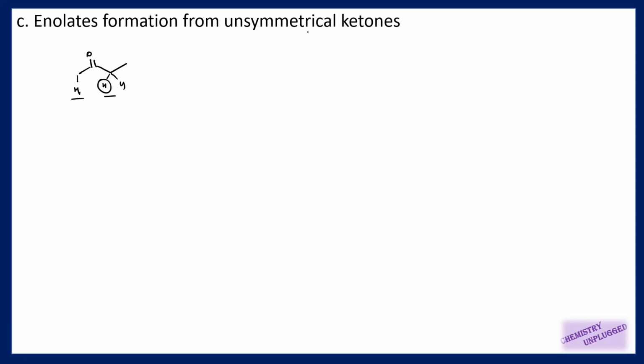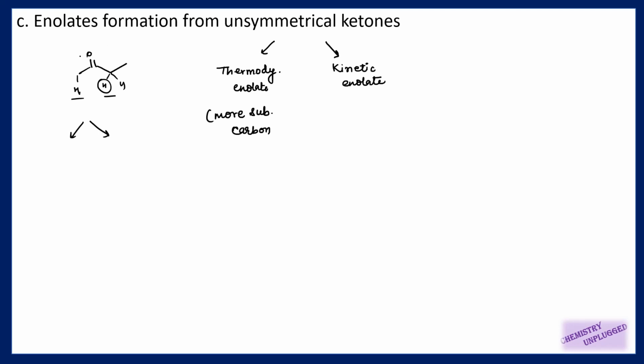So for unsymmetrical ketones, we can have thermodynamic enolate or we can have kinetic enolate. Thermodynamic enolate, which is at the more substituted carbon, means suppose you are using the same unsymmetrical ketone, and you get this type of enolate, this is your thermodynamic enolate.